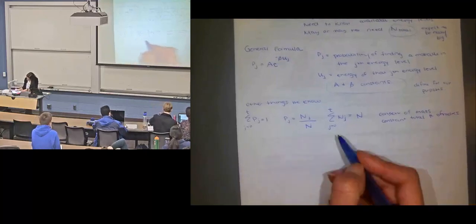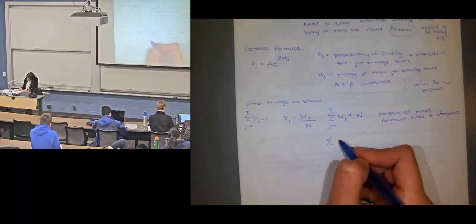Okay. So the number of molecules has to equal the total if I sum over all of the levels. This is conservation of mass. Constant total number of molecules. And then I also know I have conservation of energy.